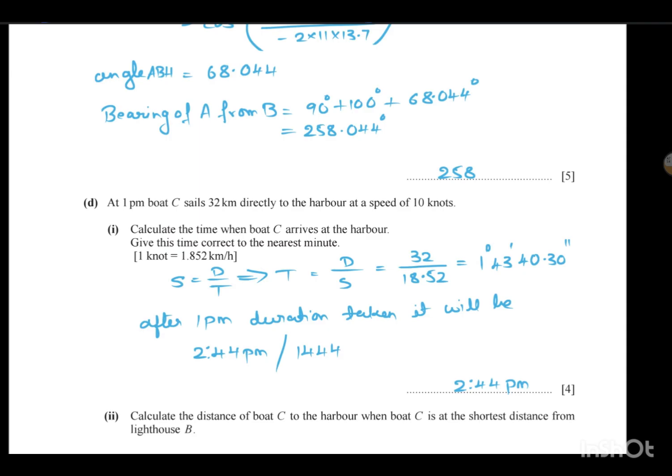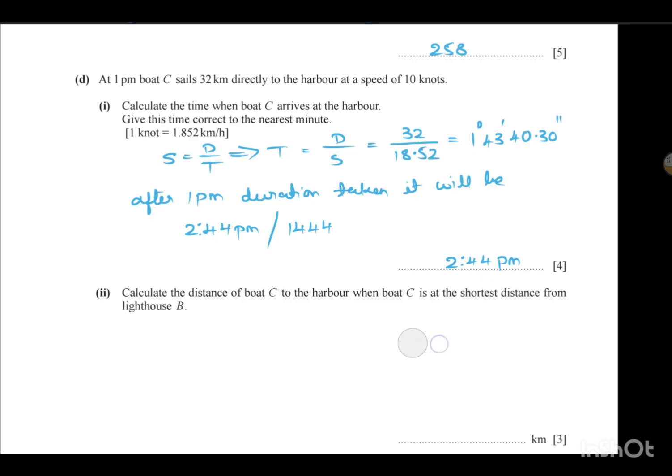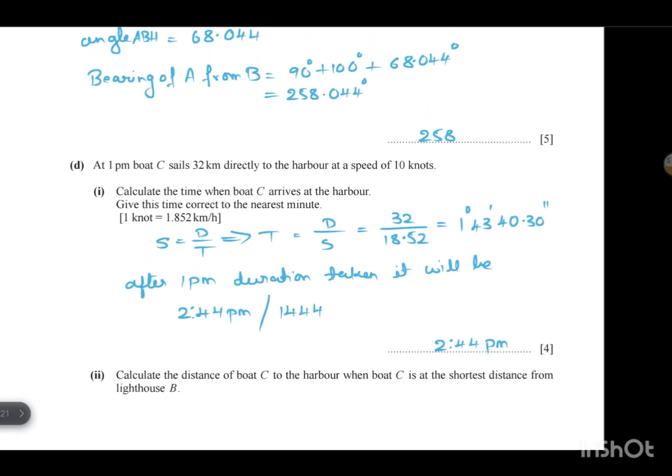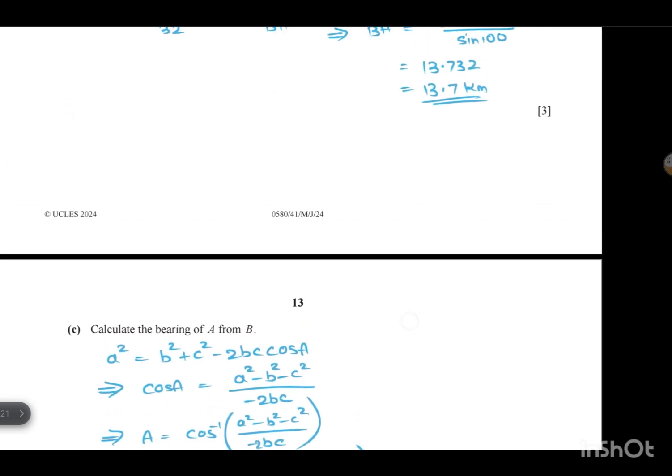Now question 1 is already done. Question number D2. Calculate the distance of the boat C to the harbor when boat C is at the shortest distance from lighthouse B. So let us go to the diagram again.